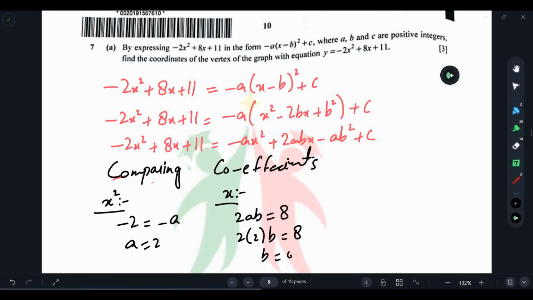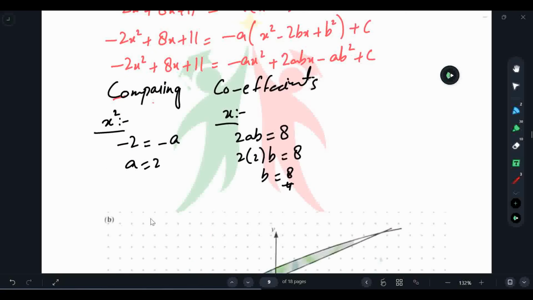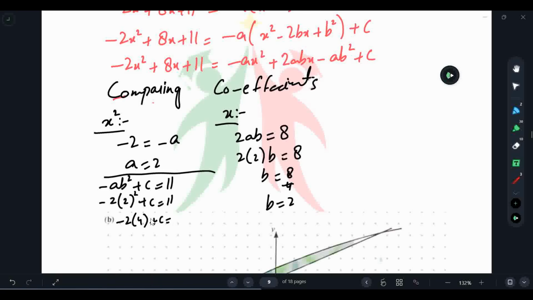So b is equal to 8 by 4, which means b will be 2. And if we compare the constants, minus ab² plus c is equal to 11. So a is 2, b is 2, so minus 2 into 4 plus c is equal to 11. So c will be equal to 11 plus 8, so c will be 19.